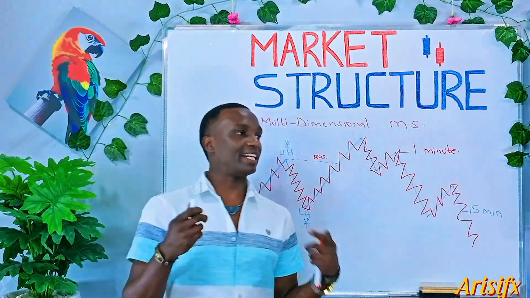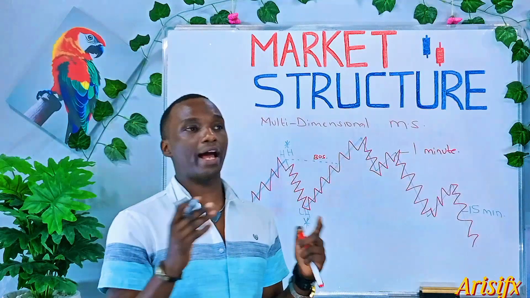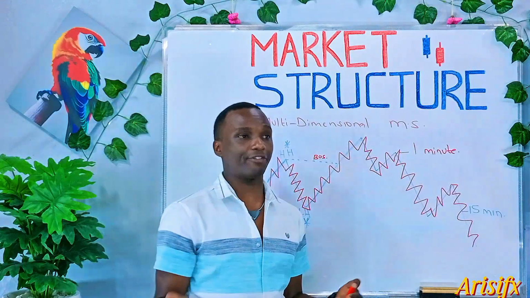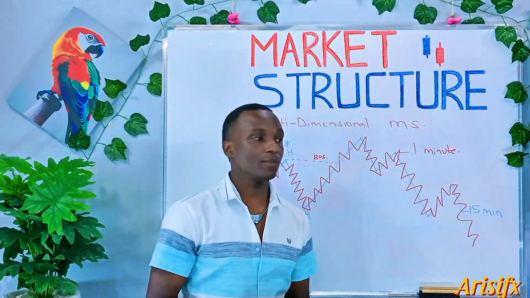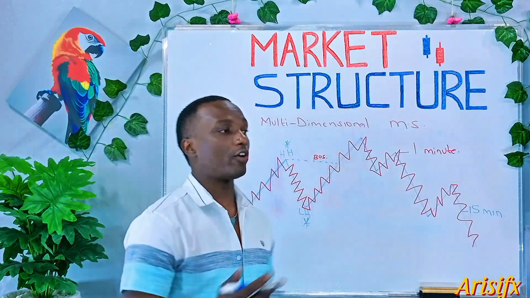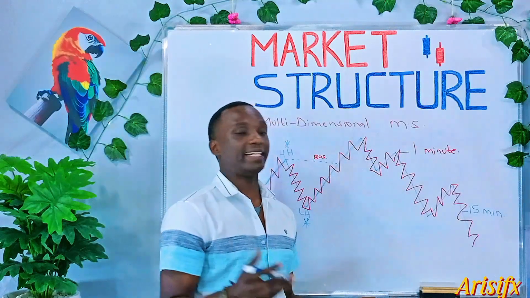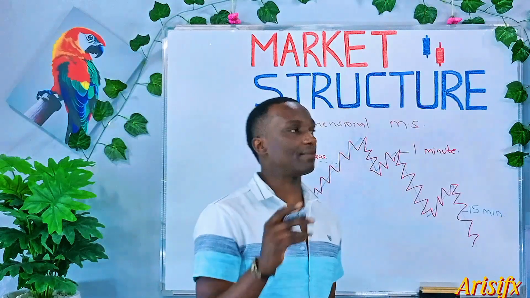The difference is that you are looking at either a larger time frame or a smaller time frame. The market can be bullish on the 4 hour and bearish on the 15 minutes, depending on the time frame that you are using.